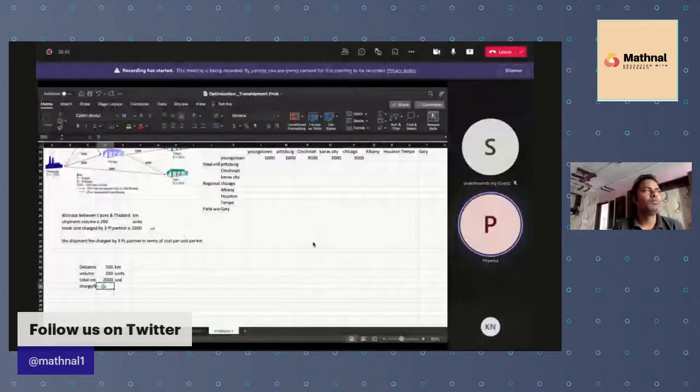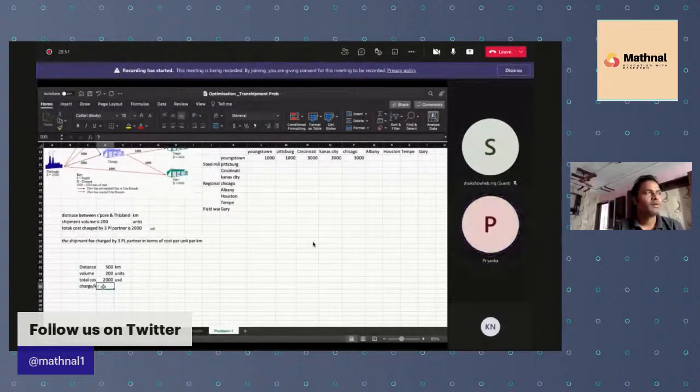Suppose you are traveling from your home to some convention center. The distance is 20 kilometers, and your cab driver charges you $10. So what is the per kilometer charge?